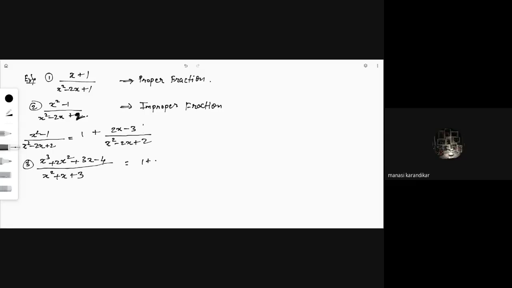Sir, is it 1 plus x square minus 4 by x square plus x plus 3? No. You have to convert it to proper. Proper का मतलब क्या है? You should have the degree of the numerator less than the degree of the denominator.